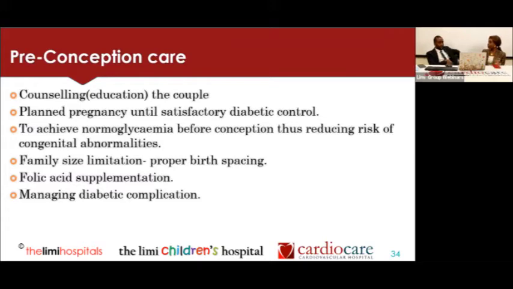Now, for those that are indicated and beneficial in pregnancy, we allow that to continue. Absolutely. Then we must make sure that she has a daily intake of folic acid, because this helps to reduce the incidence of congenital malformation. Absolutely.